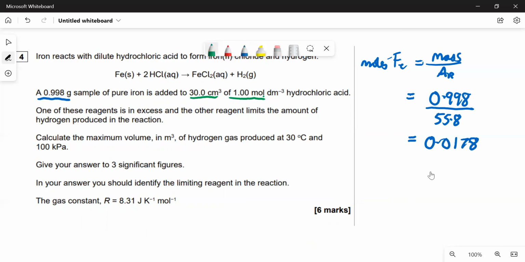All right, now let's do the moles of the HCl. That's equal to the concentration times the volume. The concentration is 1, and the volume is 30 over 1,000, which is equal to 0.03 moles.